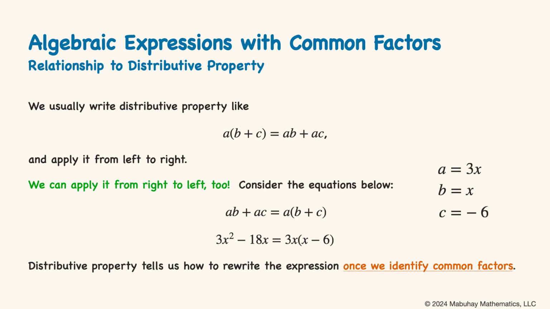Once we've identified the common factor, in this case the 3x, technically we also need to identify what's left over when we take out the common factor. That is, we need to use division still to come up with the x minus 6. But once we have all those pieces, the distributive property tells us how to arrange them appropriately.